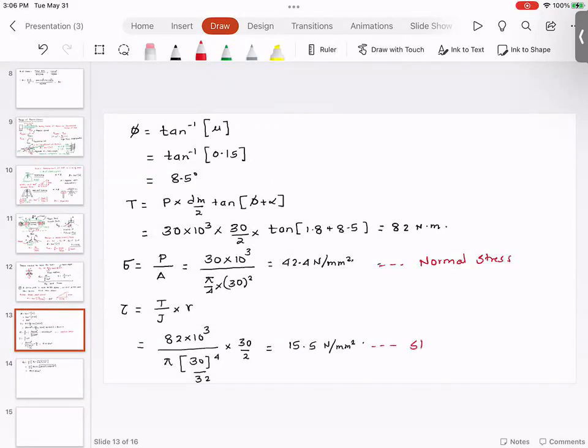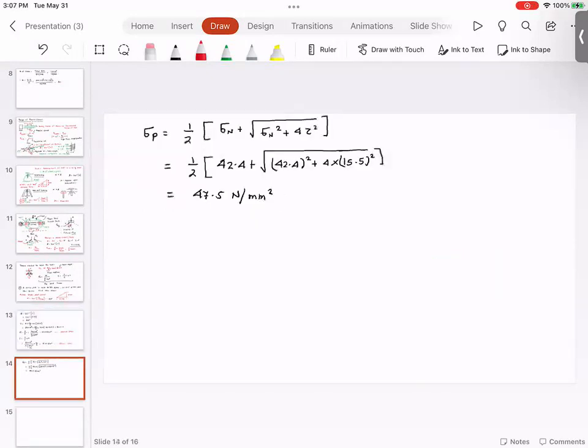This is the shear stress. Since normal stress and shear stress are both acting simultaneously, we have to find out the principal stress. And that is how the screw jack would be designed.